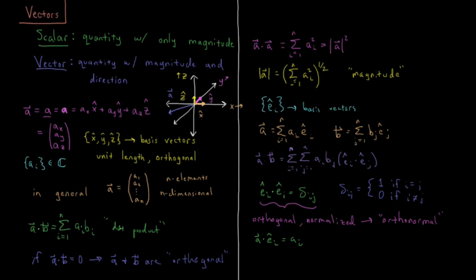Don't quite know how we're going to fit the rest of this in here, but let's go ahead and try. All right, so some other facts about vectors. If we have the transpose of a vector, indicated by this superscript T to the right side of it, our regular vector is what we call a column vector, and the transpose is going to be a row vector. So that'll be a1, a2, dot dot dot, an in a row.